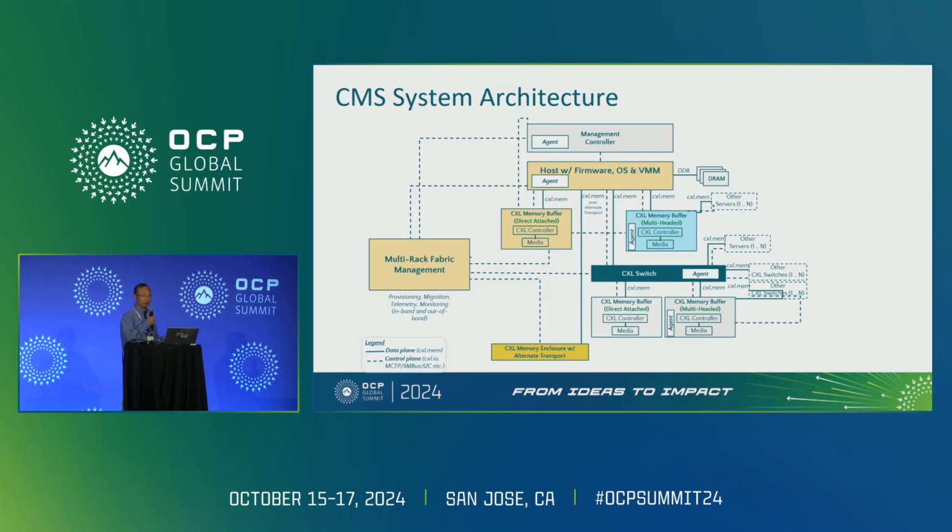Some background: I think Manoj and Samir have talked extensively about how to utilize this memory system in AI applications, and we understand the memory usage in these AI systems is pretty hard.